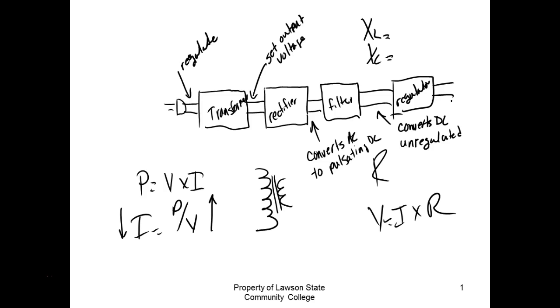There's no current rating on the capacitor, but that's a good point. That'd be like saying there's a current rating on a resistor. There's no current. Every device has a temperature rating, but we're looking for the two major ratings. Farads, and then what we call a working voltage.